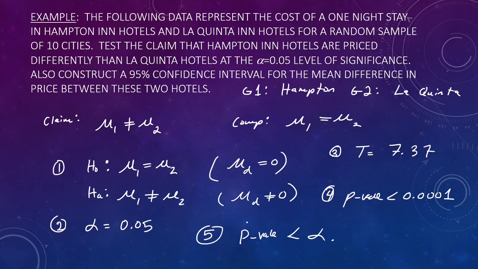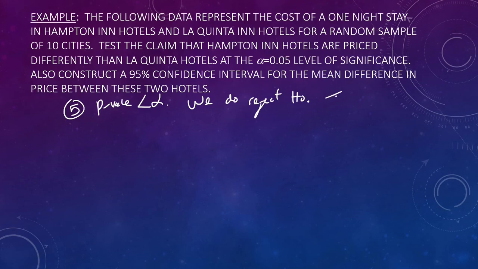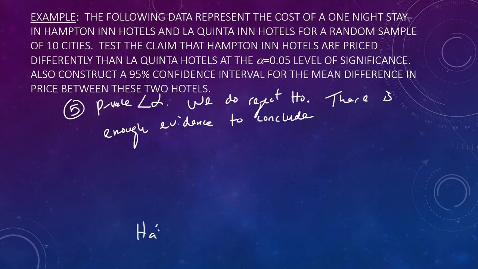So now we can complete step 5. Since the p-value is less than alpha, we do reject the null hypothesis. There is enough evidence to conclude, and remember our conclusion is always in terms of HA. Recall HA was mu1 not equal to mu2.